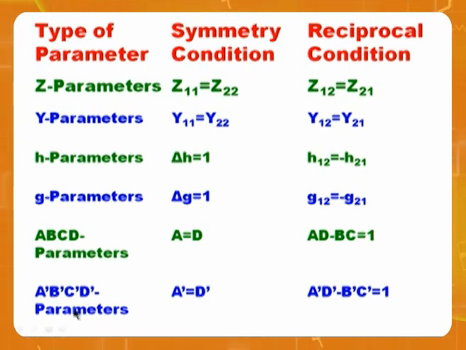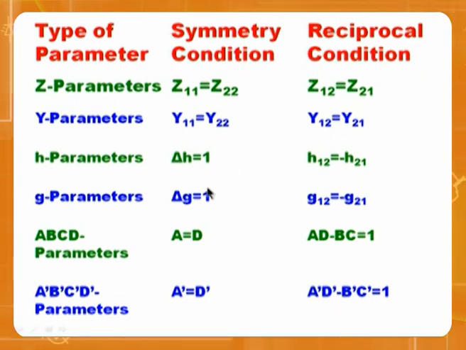For your clarification, I have brought all of them into one table: type of parameter, symmetric condition, reciprocity condition. Z parameter: Z11 = Z22, Z12 = Z21; Y: Y11 = Y22, Y12 = Y21; delta H equal to 1, delta G equal to 1, A equal to D. And whatever is valid for H parameters is valid for G, and whatever is valid for ABCD is valid for inverse ABCD.